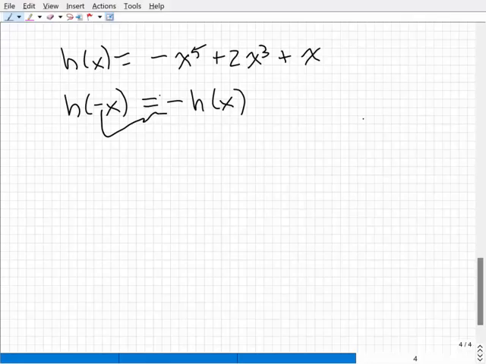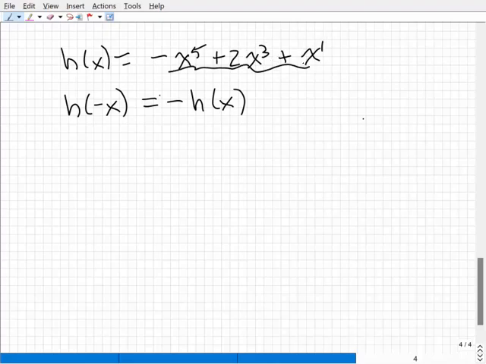The left side will be the upside down right side. How do I know? Because every single term has an x to an odd exponent. So I replace x with a minus x, all the minuses cancel out but 1. Here they'll all cancel out but 1. Here you're going to have 1.